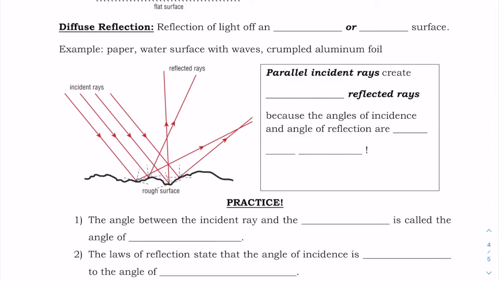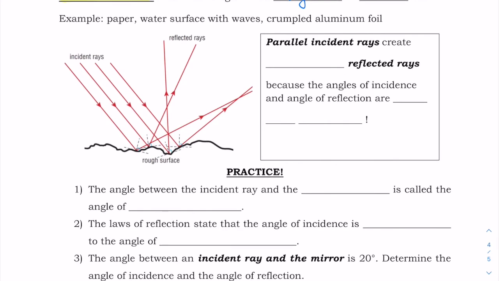So the type of reflection that occurs here is diffuse reflection. This occurs when light reflects off of an irregular or a dull surface. Okay, so examples would be paper like I mentioned, maybe a rough water surface with waves, a crumpled piece of aluminum foil, for example, etc. And the reason for that is as follows.